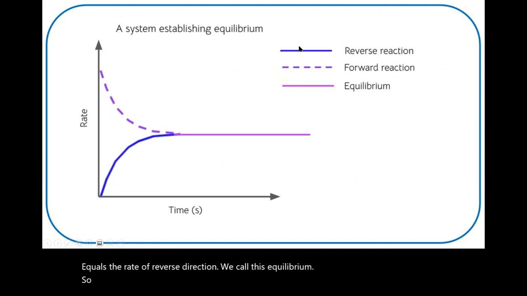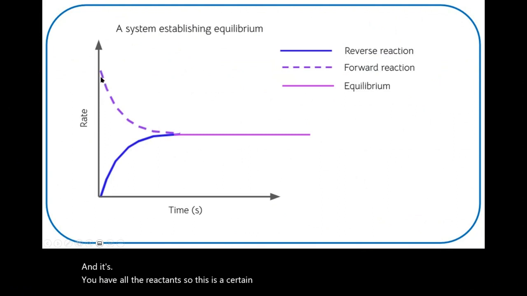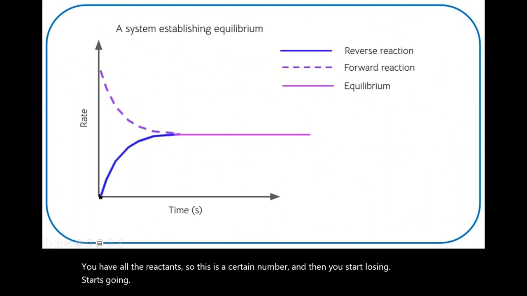So here, the dotted line shows the forward reaction. It starts with all reactants, a certain number, and then you start losing them as they become products, and you can see the product line at the bottom here.